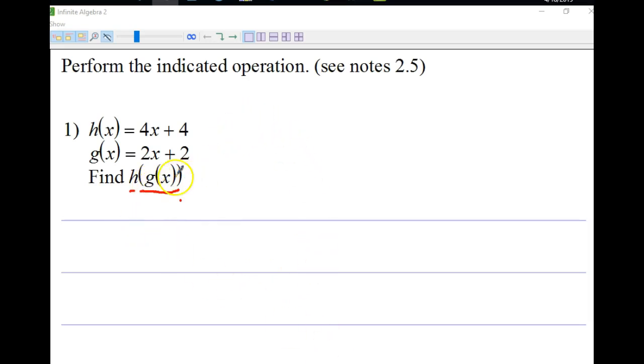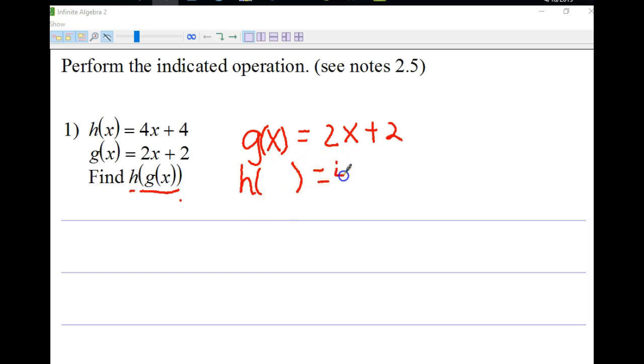So I'm going to start by writing the function that's on the inside out first. So we have g of x. And then we have this function on the outside, h of x. Now I'm going to write h of x, but whenever I do, I'm just going to leave some blanks there where the x is located.